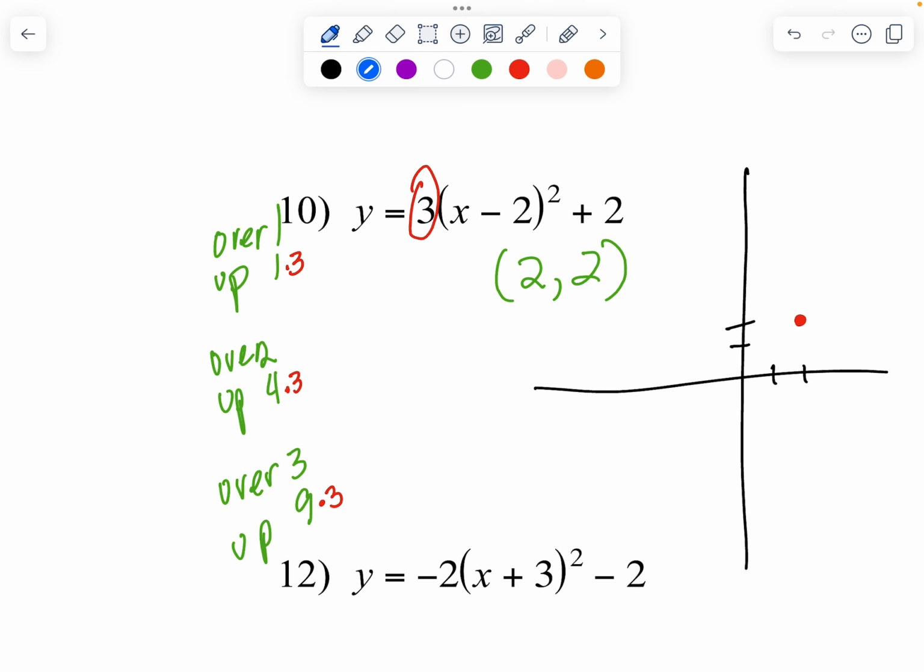So your new ups are 3, 12, and 27. I don't think we're going to get 27.